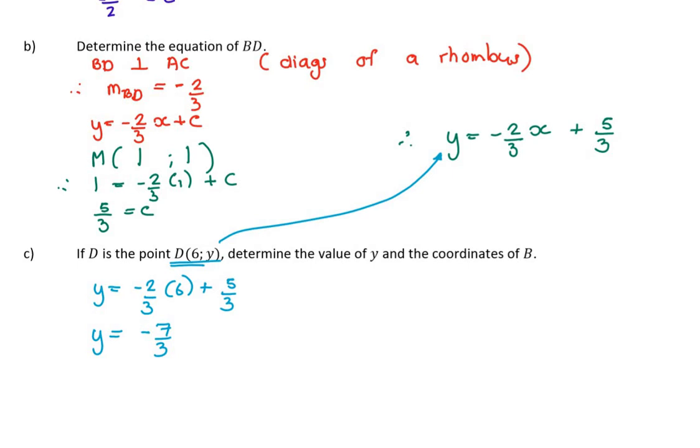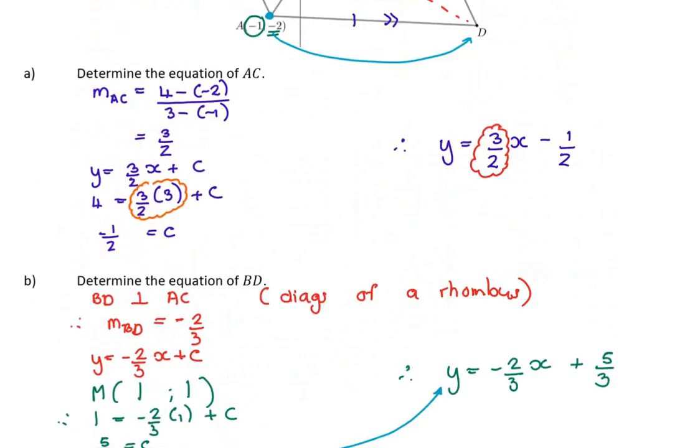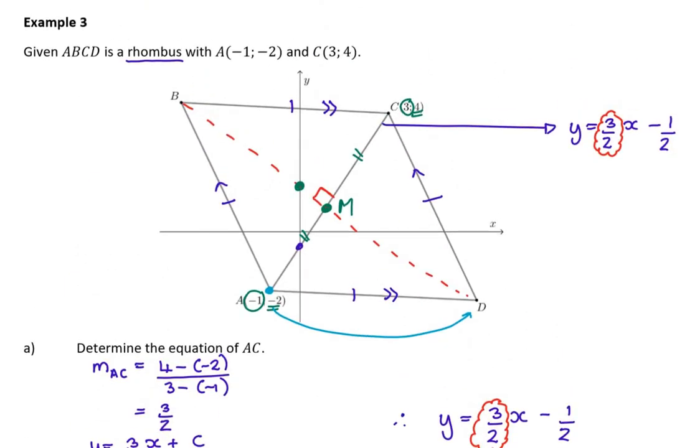Now the coordinates of B. Now this is a really good question. Basically, I now know, let me write in this coordinate, negative 7 over 3. B is basically now the fourth vertex of a parallelogram, really. So multiple options for us.